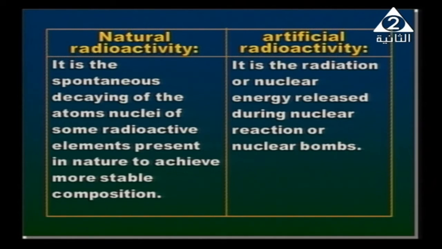Artificial radioactivity is the radiation or nuclear energy released during a nuclear reaction inside a nuclear reactor or in the formation of a nuclear bomb.